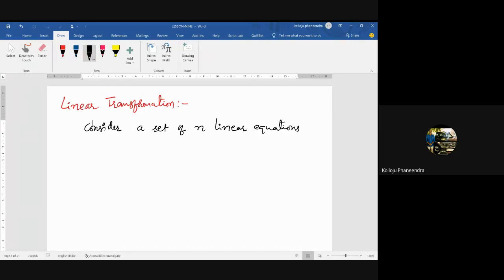Here y1 equal to a11 x1 plus a12 x2 and so on up to a1n xn, first expression, and y2 equal to a21 x1 and so on up to a2n xn, and so on.